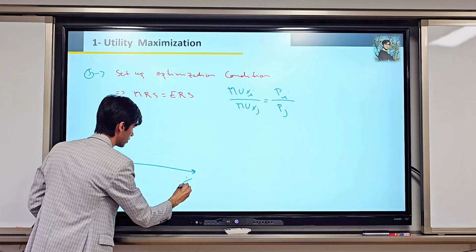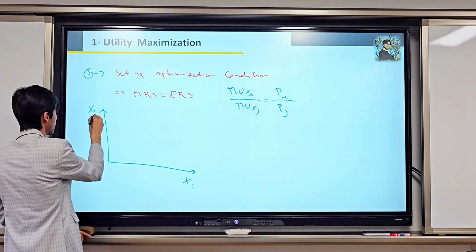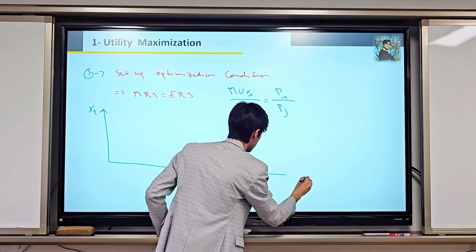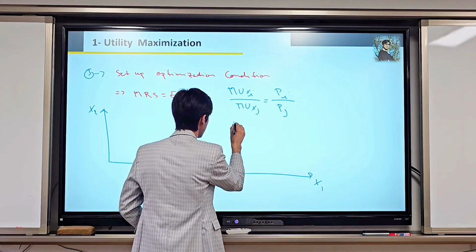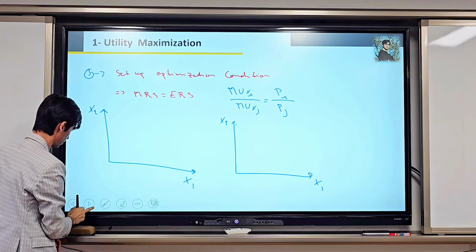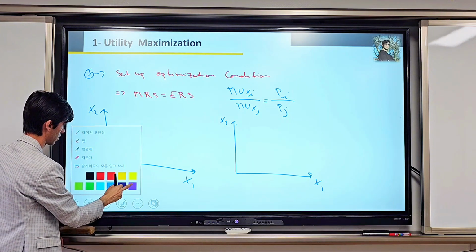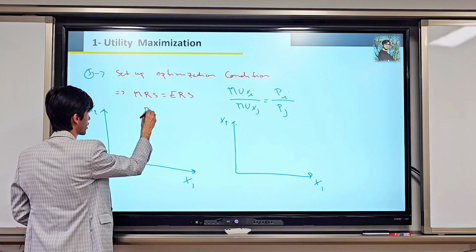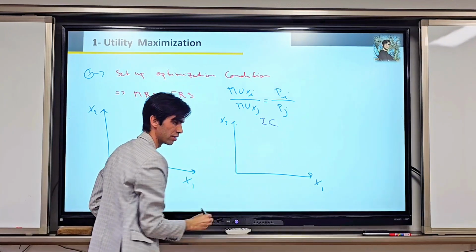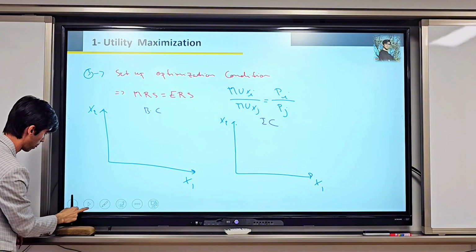Because of this: x1, x2. This one, again, x1, x2. This one is our budget constraint. This one is our indifference curve.